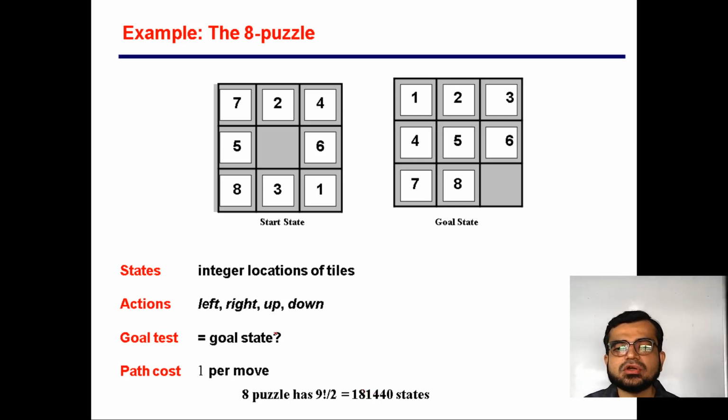That is the number of possible outcomes, that means you can have that many states and you have to select the appropriate one. In all of the conditions, because there are 9 places, 9 factorial by 2 will give you the maximum number of possible states that can exist in this puzzle.